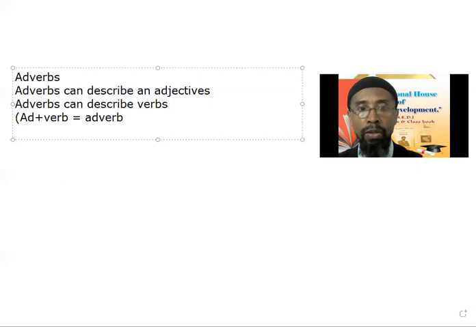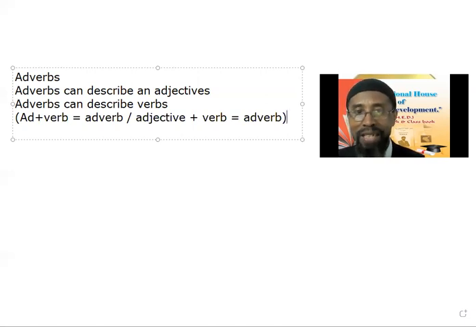So it's similar to saying an adjective plus a verb equals adverb. Now, that's not exactly technically what it is, but I'm trying to get you to see where the part of the word add comes from, like the similar root as adjective.